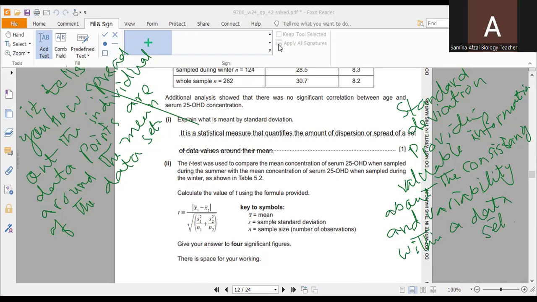A smaller standard deviation suggests more homogeneity, while a larger standard deviation suggests more heterogeneity among the data points, and zero will show no change, no variability.